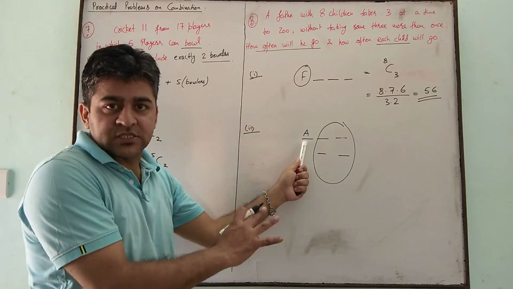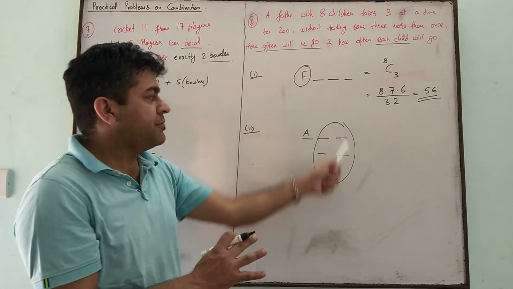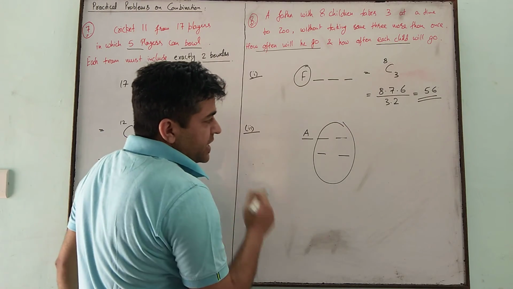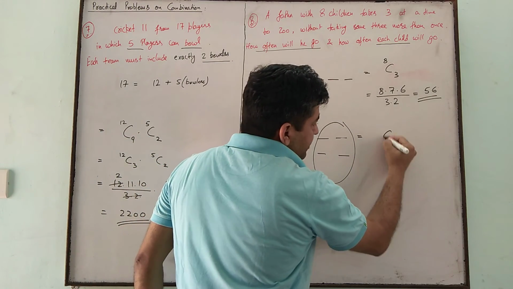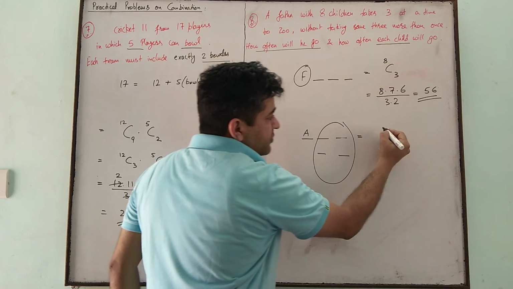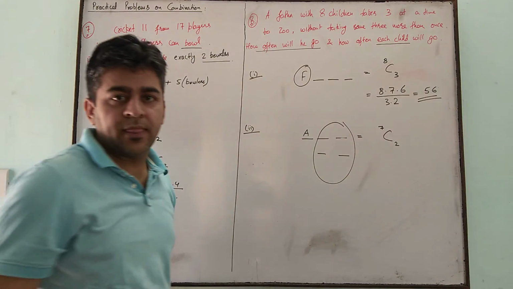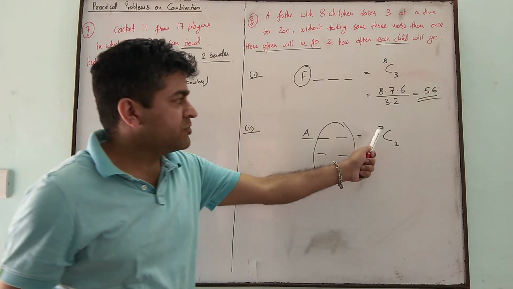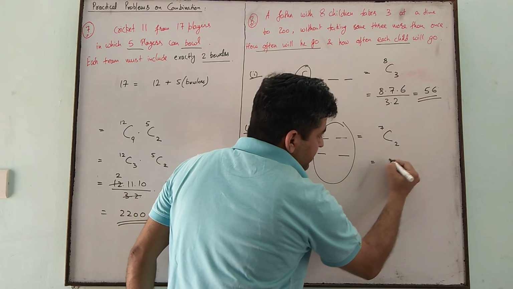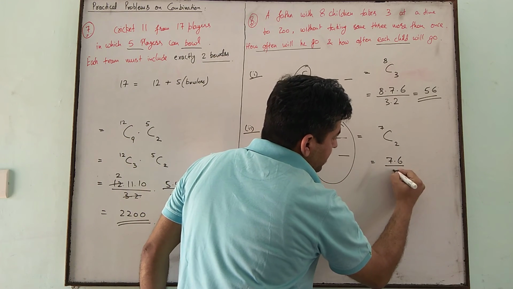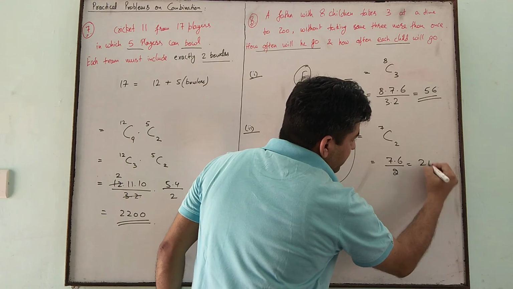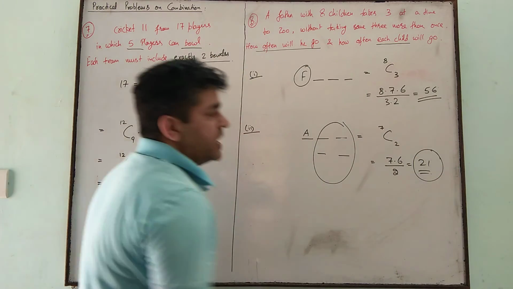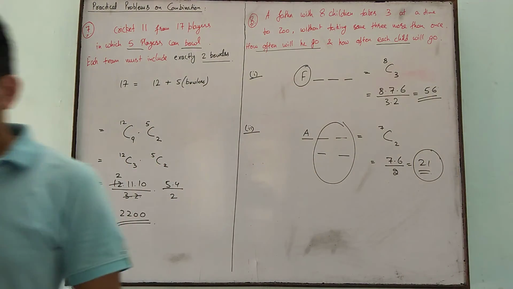So A is fixed, and for the rest we are making the groups. So as A is fixed, the number of groups means the rest 2 children out of the 7 rest. So 7 into 6 divided by 2, that is 21 times each child will go. Just note it down.